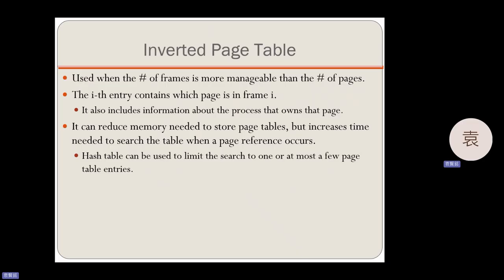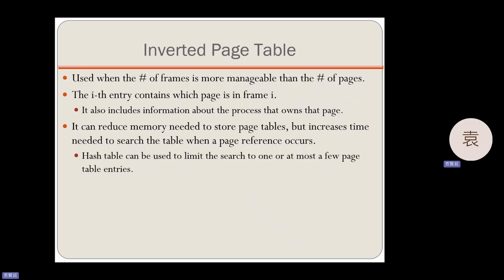So instead of maintaining the logical page table, we maintain an inverted page table. Instead of the map from page to frame, we record the logical page and the process information for each physical frame.